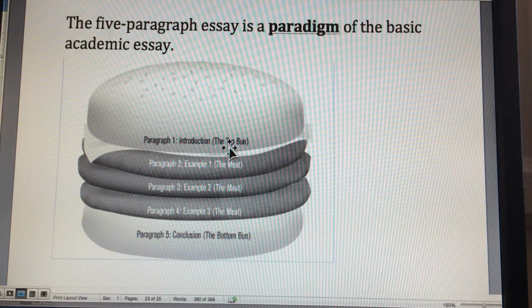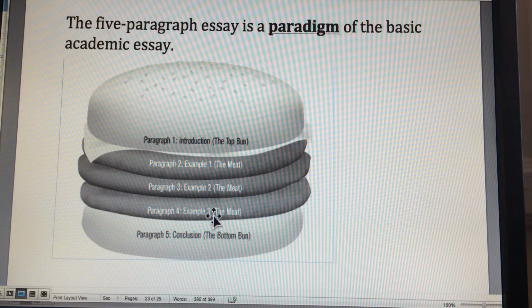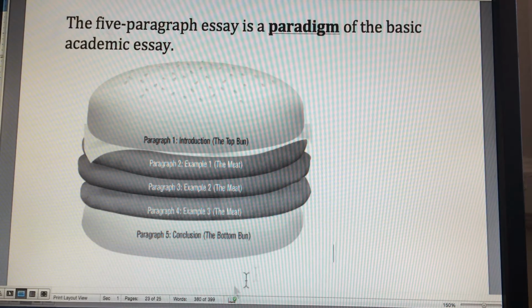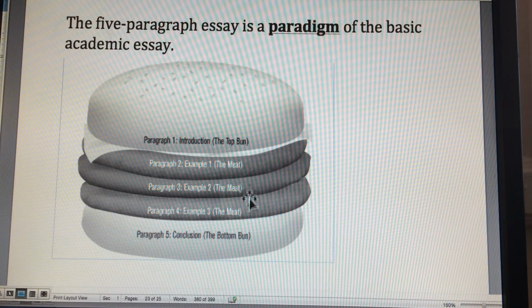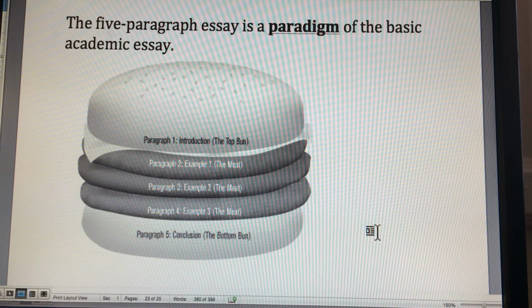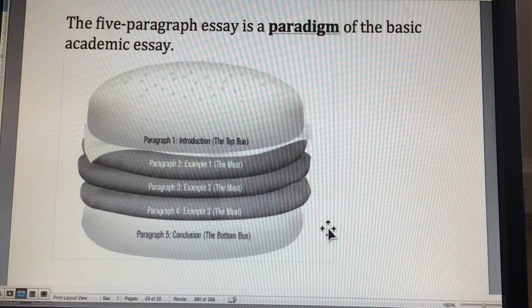You have your first paragraph, introduction, 3 body paragraphs, and your conclusion. Sometimes you'll see some teachers teach it like a sandwich. So your introduction is your top bun, your conclusion is your bottom bun, and inside you have your meat. I don't know. As a vegetarian, I would consider this a little bit overwhelming.